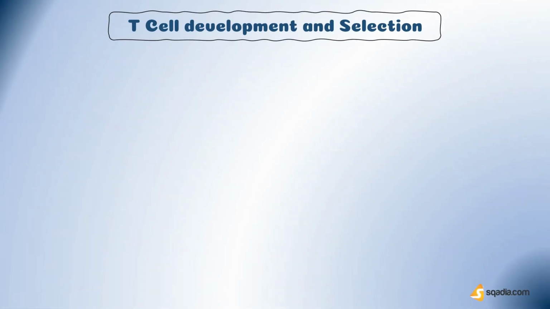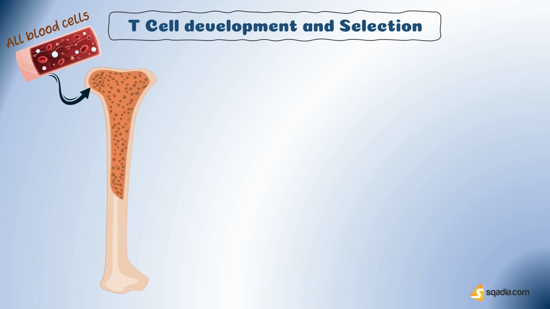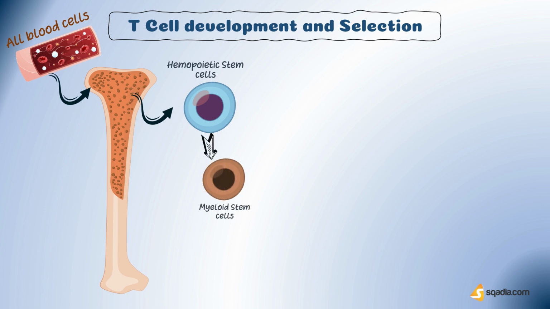We know that all blood cells arise from the bone marrow. And the progenitor cells for all these blood cells are normally called hematopoietic stem cells. These cells then further give rise to different blood cell lineages, mainly myeloid lineage and lymphoid lineage cells.